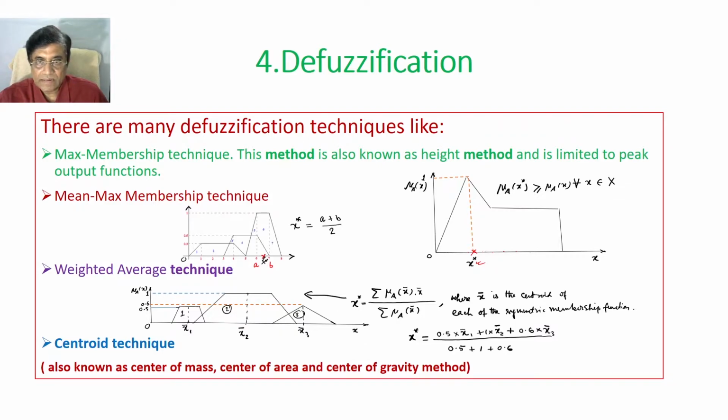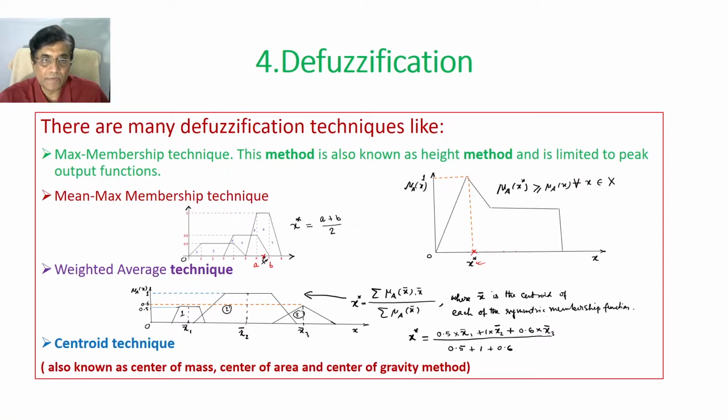So 1 times the centroid of this area, right? And similarly, maximum membership value 0.6 times x3 bar, divided by all the membership values. So 0.5 plus 0.6 plus 1.